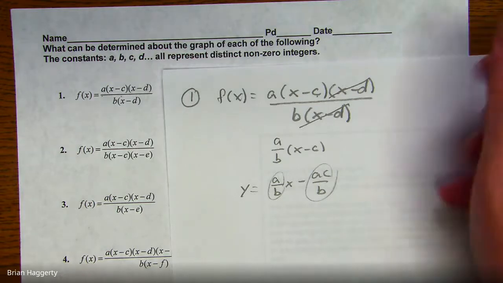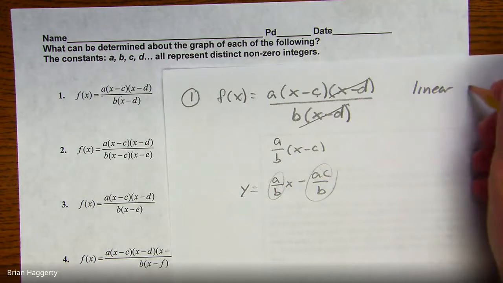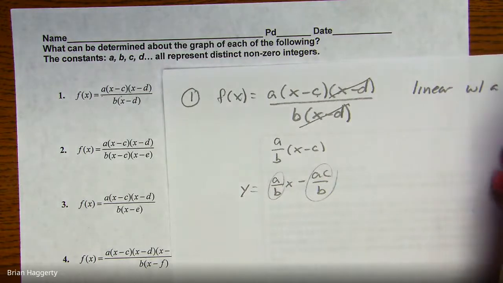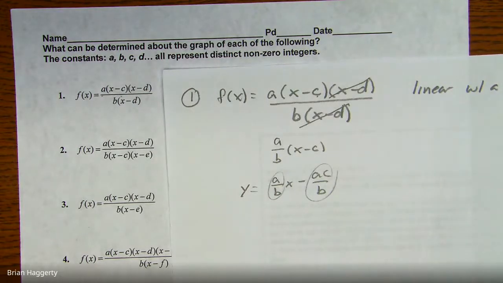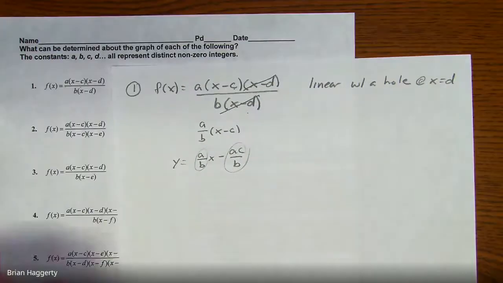So if we had to just classify this, this is a linear with a hole. That hole is going to be at x is equal to d. Sorry about that. Let me zoom back out.